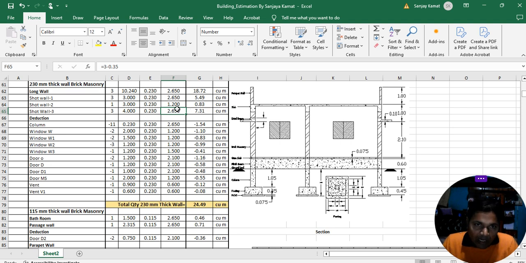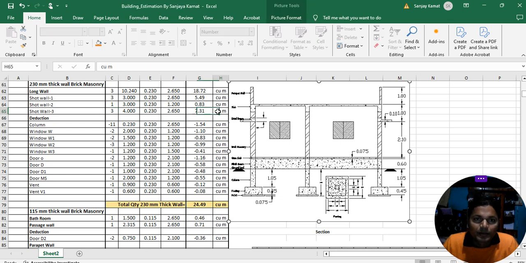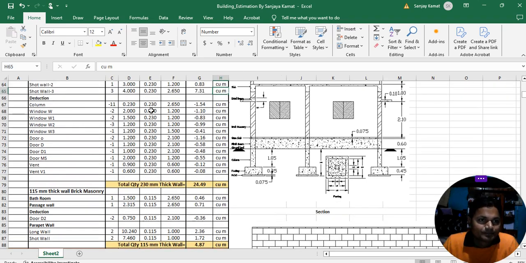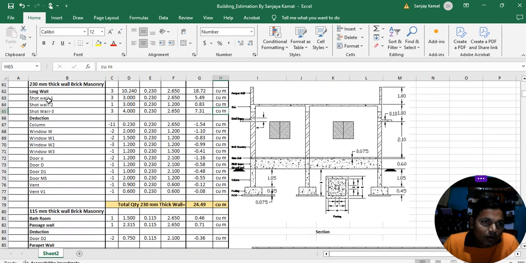Okay. And once you get the 4 values again, multiply these 4 values, and then you will get the final 7.31 cubic meter. Okay. So now see, we have estimated short 1 value, short 2 value, short 3 value.